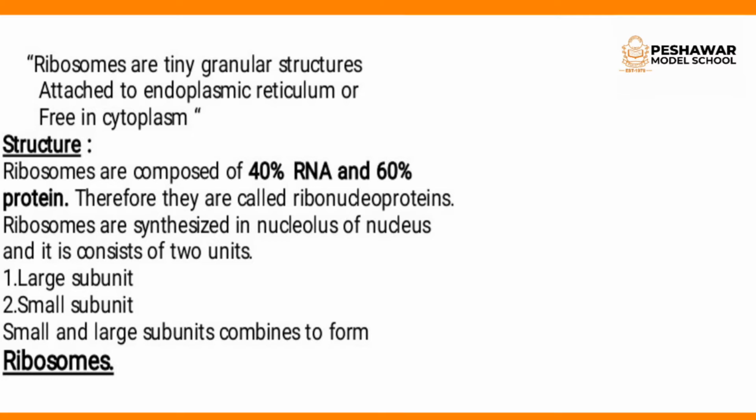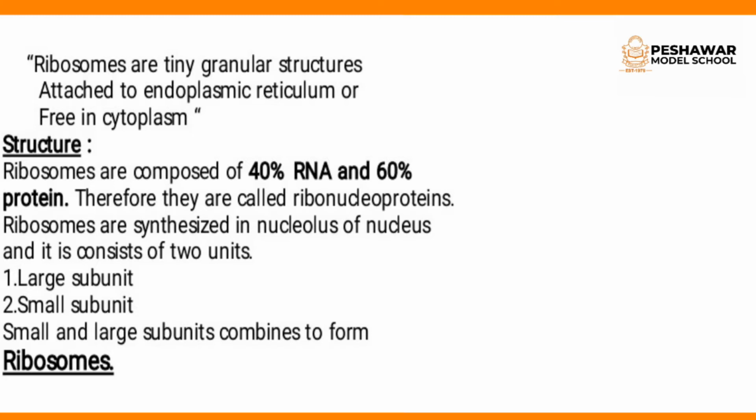Ribosomes are tiny granular structures attached to the endoplasmic reticulum or free in the cytoplasm. If you remember, we discussed the endoplasmic reticulum in detail, and I told you that it has two types, the rough endoplasmic reticulum and the smooth endoplasmic reticulum. To the rough endoplasmic reticulum, ribosomes are attached.